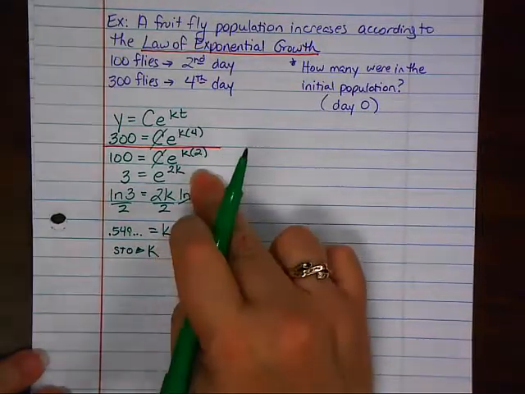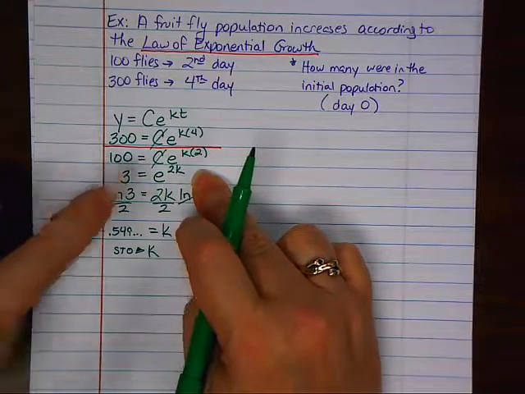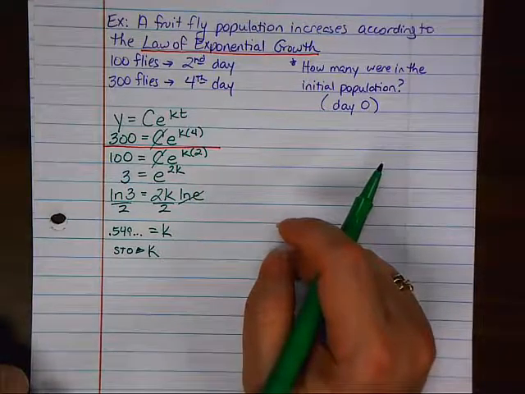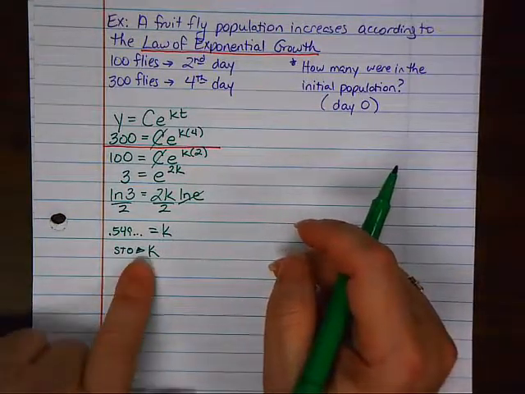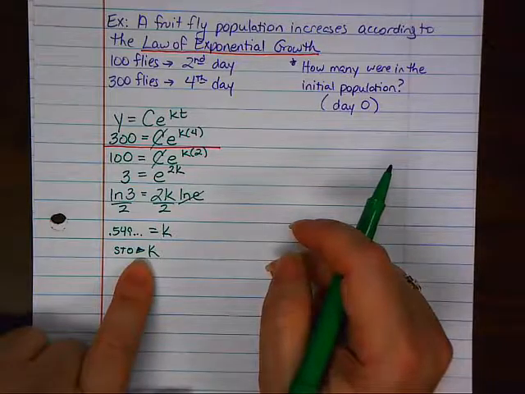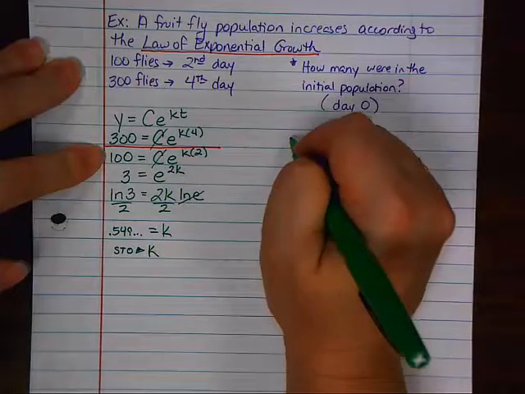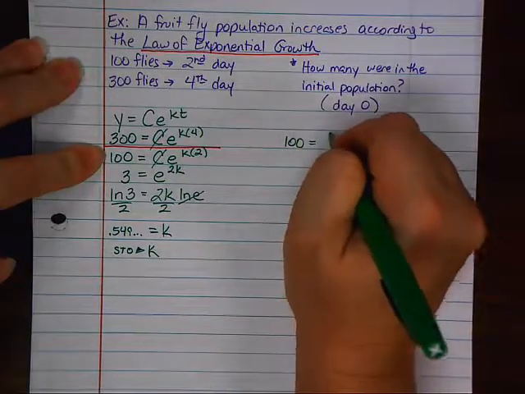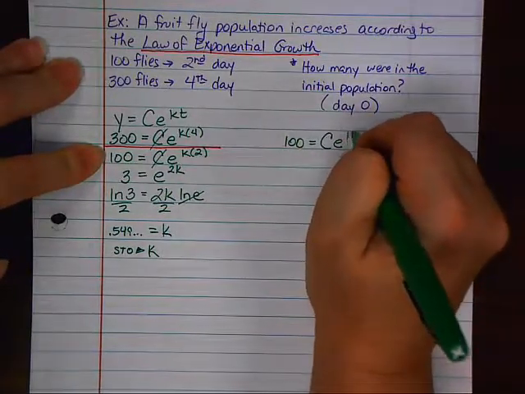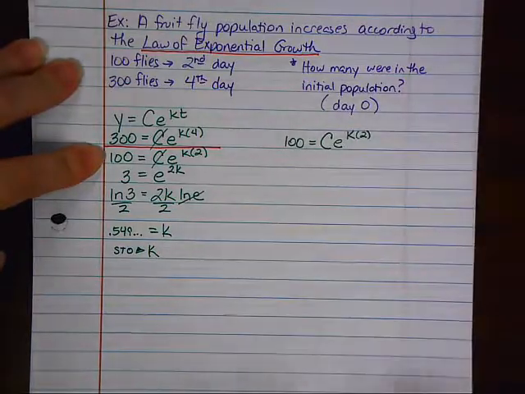So now I know K, but I don't know C. How do I find C? What do I do with this? Plug it into one of the two equations that I made. So let's take the second one. So I have 100 equals C, e to the capital K times 2.